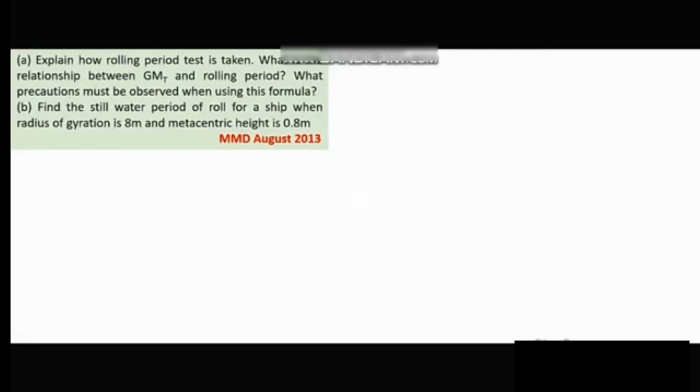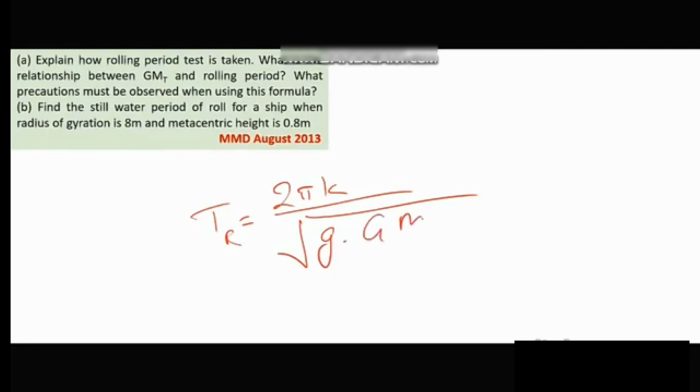Fine, but let's focus on the second part of the question. Find the still water period of roll of a ship when radius of gyration is 8 meters and metacentric height is 0.8. Which formula to use? 2 pi k by root g GM, yes or no? TR is equal to 2 pi k upon under root g GM, right?